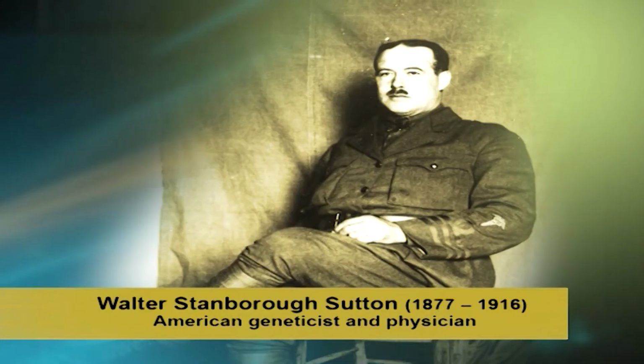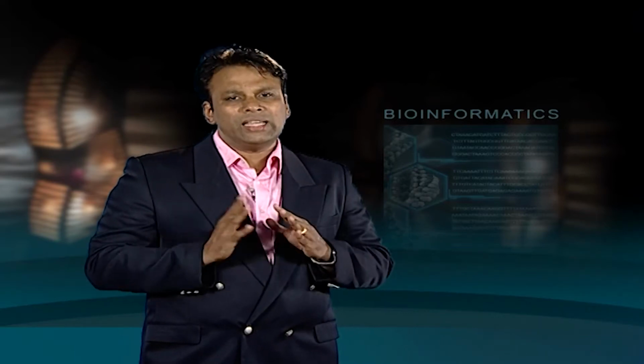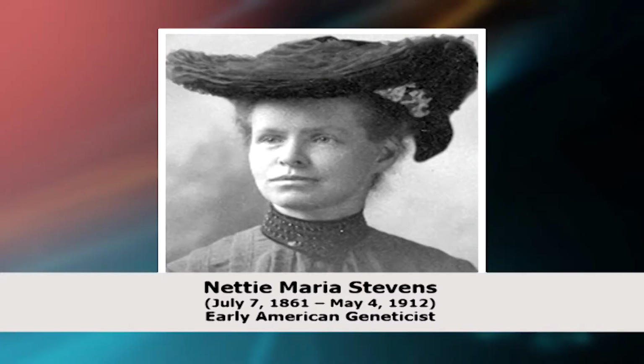Then Walter Stanborough Sutton, who is an American geneticist and physician and also contributed towards the Boveri-Sutton chromosome theory, provided experimental proof that supported McClung's hypothesis regarding the accessory chromosome. The X and Y chromosomes were first discovered in beetles in 1906 by Nettie Maria Stevens, the first researcher who described the chromosomal basis of sex.